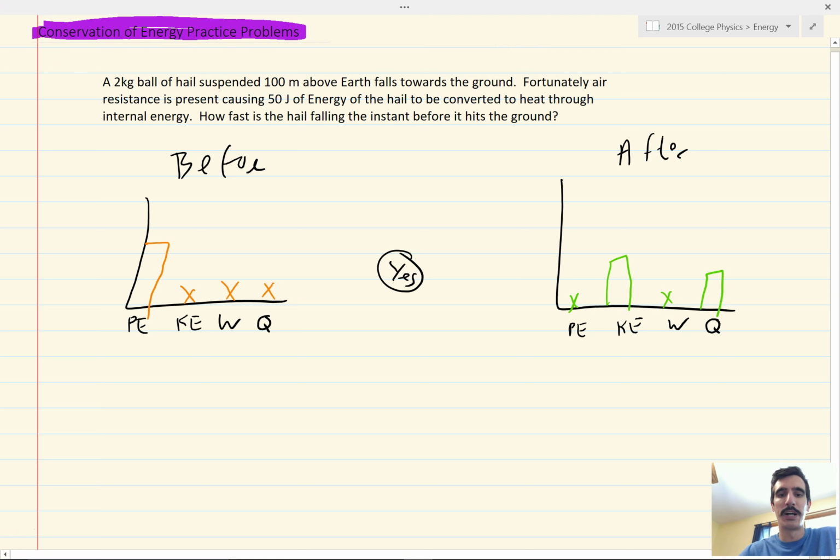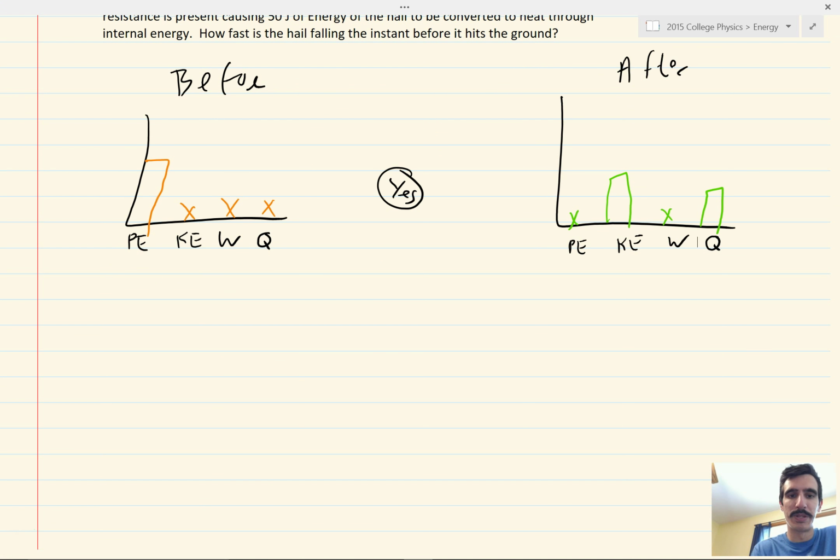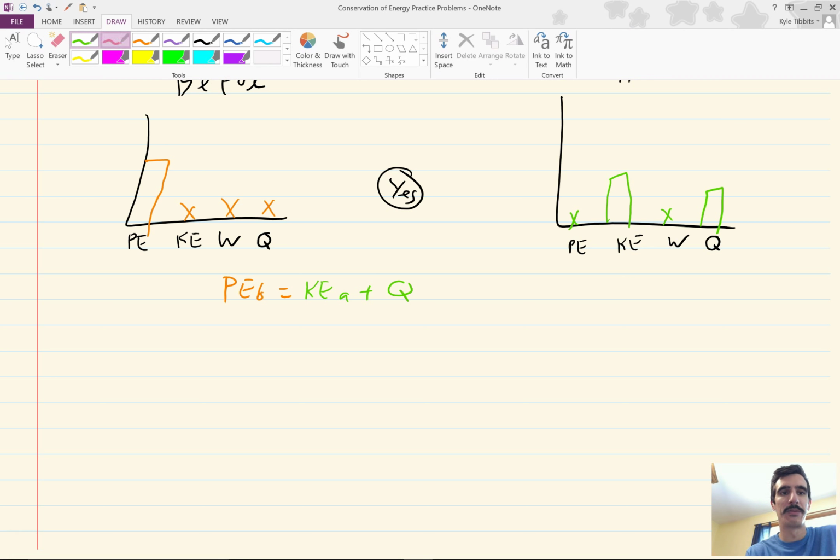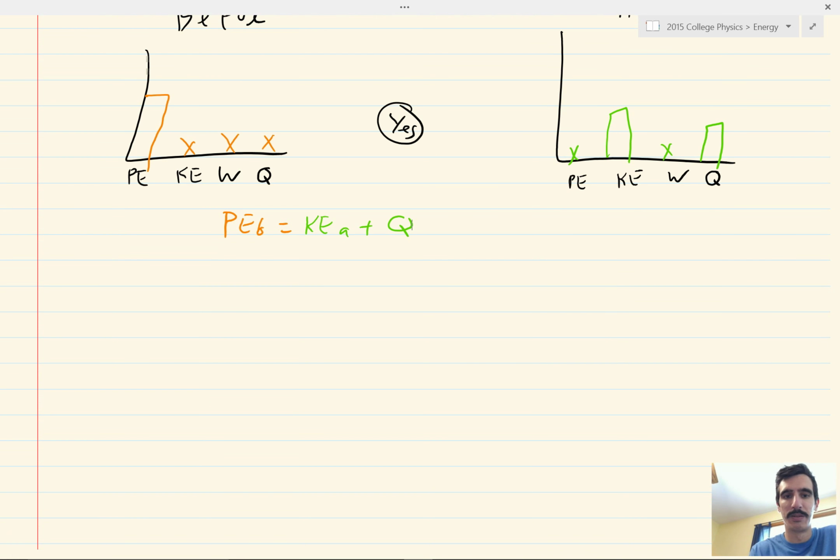So based on our LOL, we could write our formulas. We have PE before is equal to KE after plus Q. So based on our formulas of potential and kinetic, we can now expand these. Potential is mgh, we'll put before.